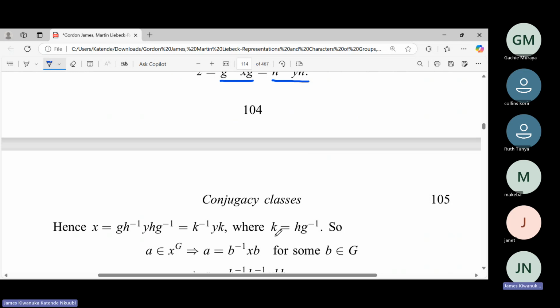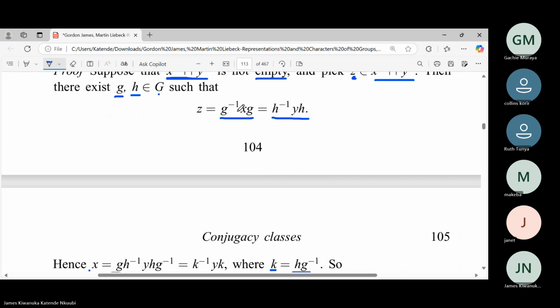If you make the substitution K equal to HG inverse, you can reduce this whole expression. If you make X the subject, you have to multiply by G inverse on this side and G on this side. Then you have X as the subject because the G and the G inverse will go.